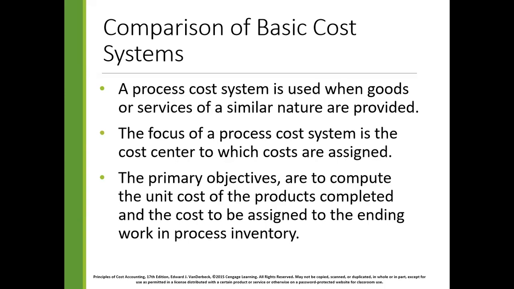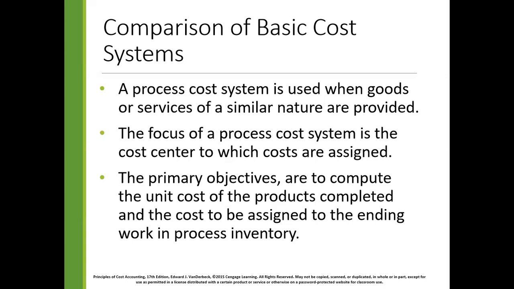A process cost system is used when goods or services of a similar nature are provided. The focus of a process cost system is the cost center to which costs are assigned.